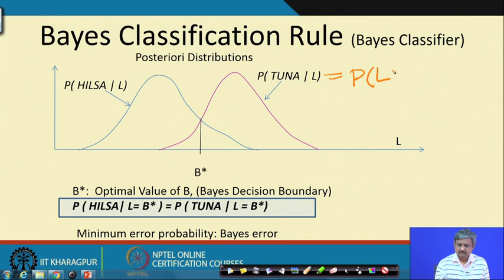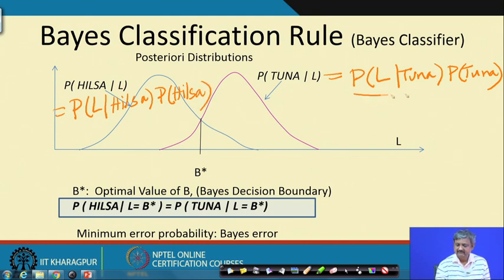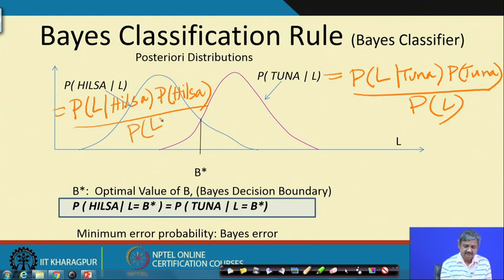This is divided by some constant factor, the probability of a random fish having length L irrespective of class. So, if I drop this on both sides, I will still get the same intersection.